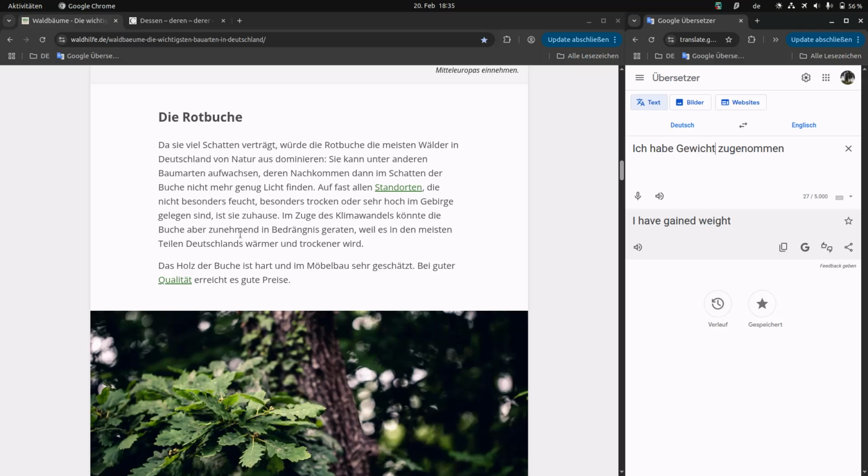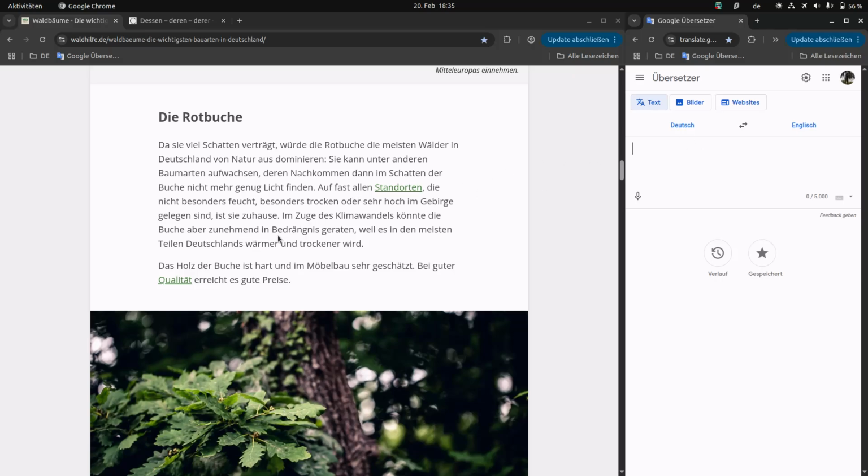Könnte die Buche aber zunehmend in Bedrängnis geraten. Could the beech, but zunehmend in this case means increasingly. Zunehmend, so basically like whilst doing something, like a participle, I don't know.